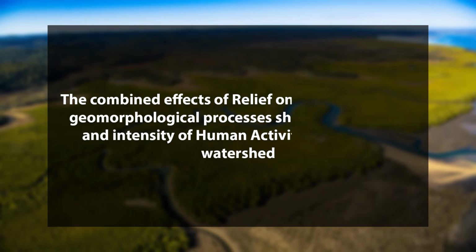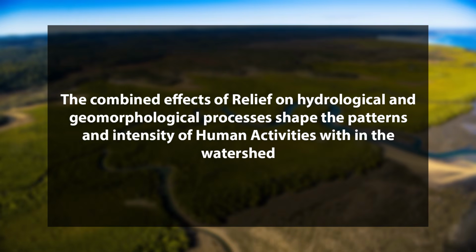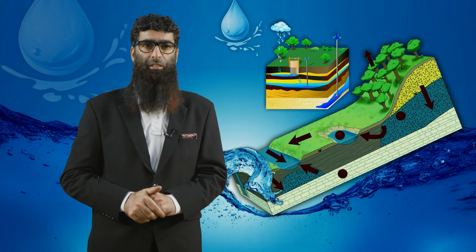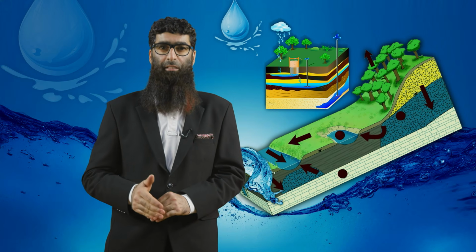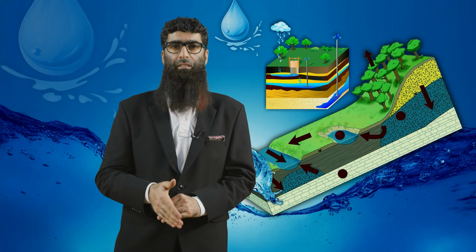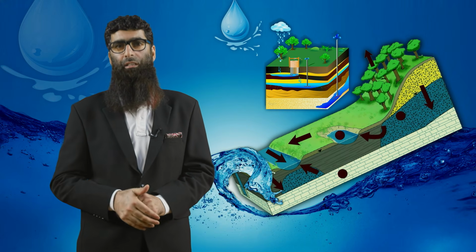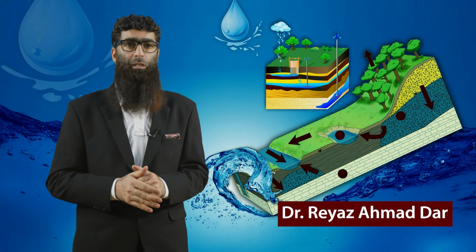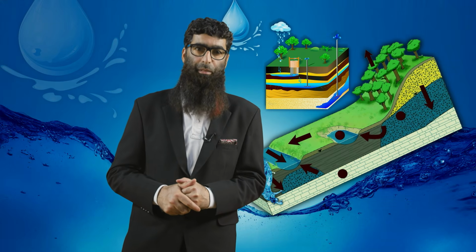Finally, the combined effects of relief on hydrology and geomorphological processes shape the patterns and intensity of human activities within the watershed. Relief controls land use and land cover patterns by constraining infrastructure, agriculture, settlements, and development in high relief terrain, while making flat and low relief areas suitable for human activities and settlement.